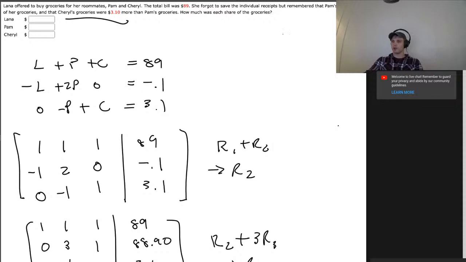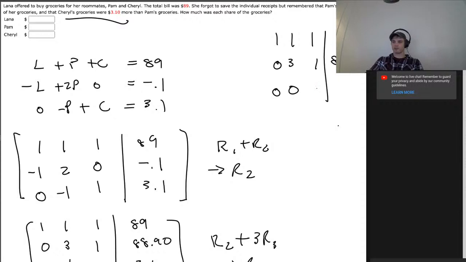Okay, so we'll keep the first row the same: 1, 1, 1, 89. Second row the same. And then the third row, so 0 plus 0 is 0. 3 plus negative 3 is 0.